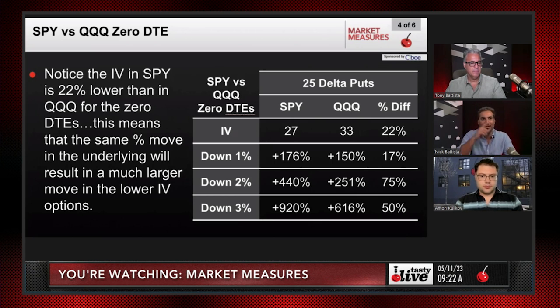It comes full circle. If you were considering this as a 30 or 40 day option, which one would you rather sell? You'd rather sell the Qs because you have less of a drawdown.